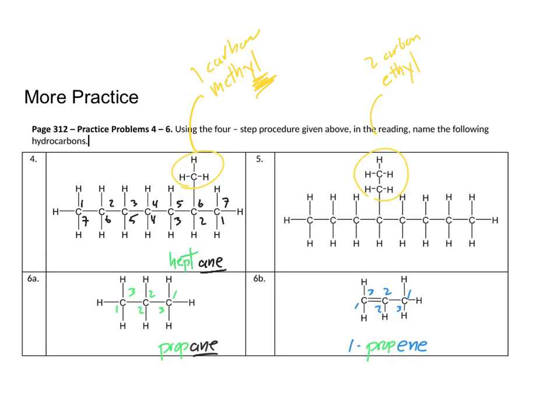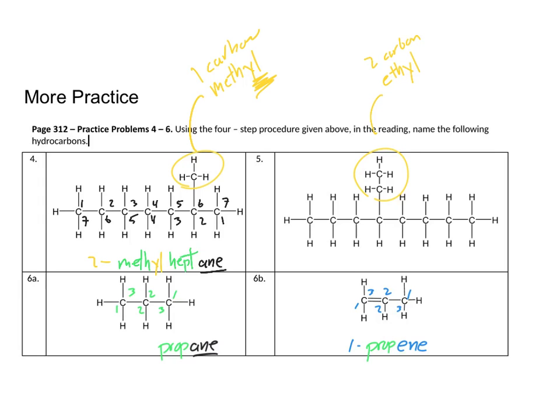Okay, but then there's a branch. Now the rule for double bonds and triple bonds is that we count closest to the beginning of the chain, and the same applies for the branches. In this case, my branch is a 1 carbon long methyl branch. We still have to tell the world where it is, and it should be closest to the beginning of the chain, so it is a 2-methylheptane.